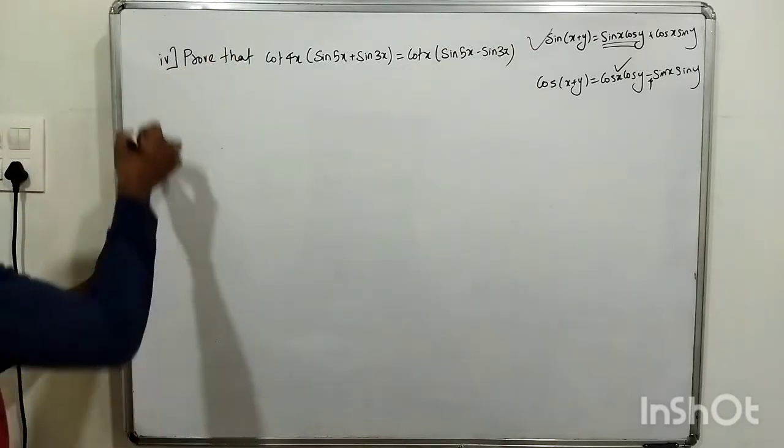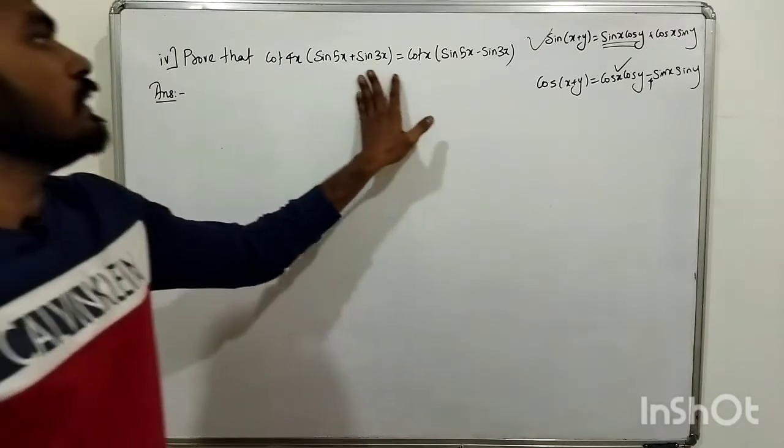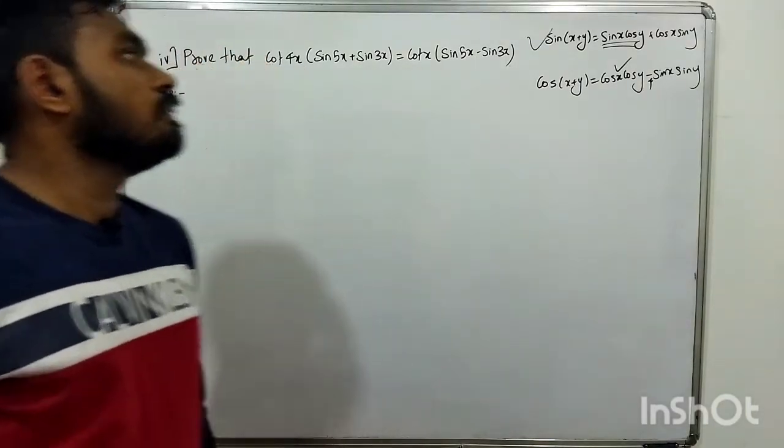We'll solve this using the factorization formula. Here we have cot 4x (sin 5x + sin 3x) and cot x (sin 5x - sin 3x).